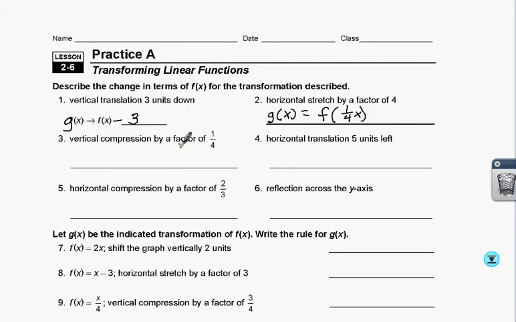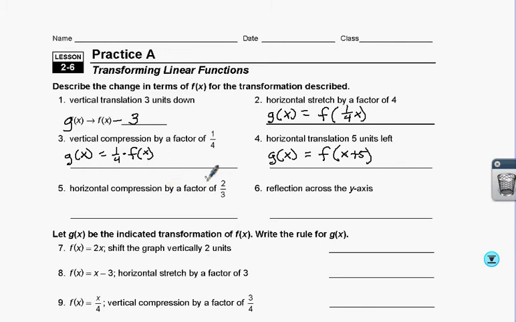If I have a vertical compression by a factor of 1/4, my new function is simply taking the old function and multiplying it by 1/4. If I have a horizontal translation 5 units left, my new function is simply going to be the old function evaluated at x plus 5.